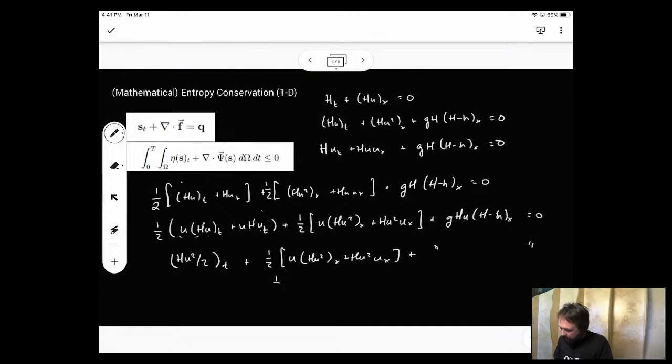And I have 1/2 (hu cubed)x. Plus, I'm going to go ahead and carry down that term from the pressure gradient. Okay, so that's our kinetic energy balance. That's it. All it took was multiplying the skew symmetric form by u and basically applying a product rule for this second term.